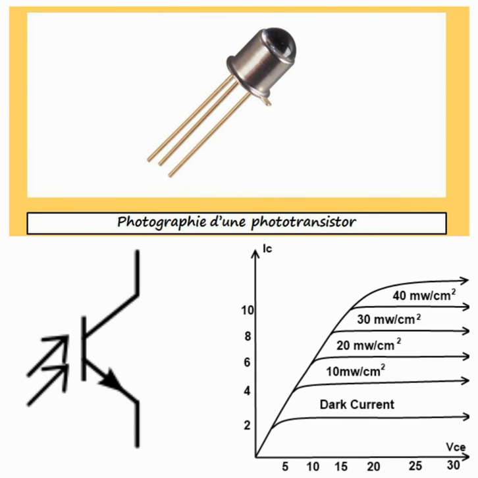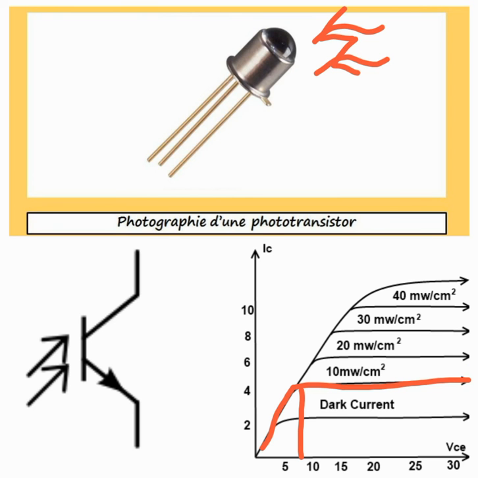But once you expose this phototransistor to the incident light, then for a given output voltage you have a large collector current flowing, and after some increase in the voltage, you have current saturation.